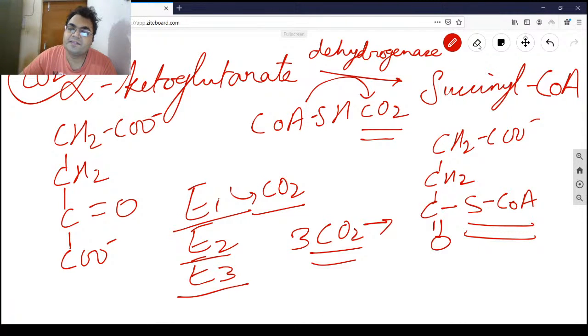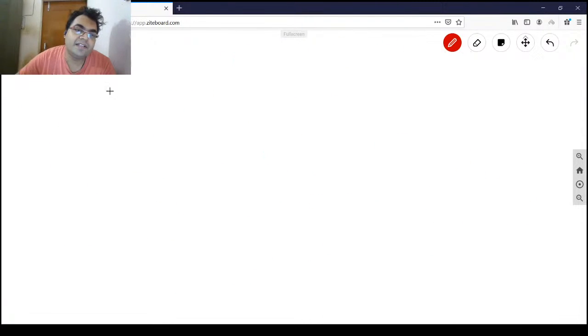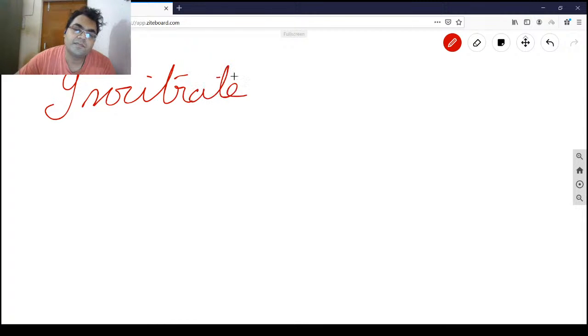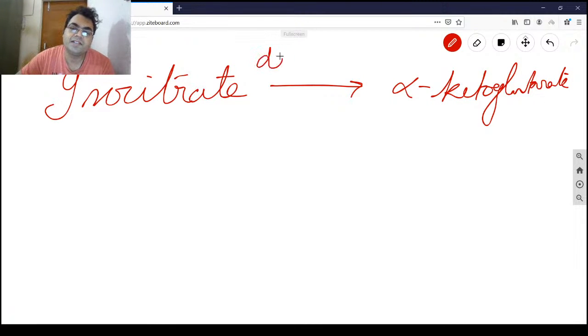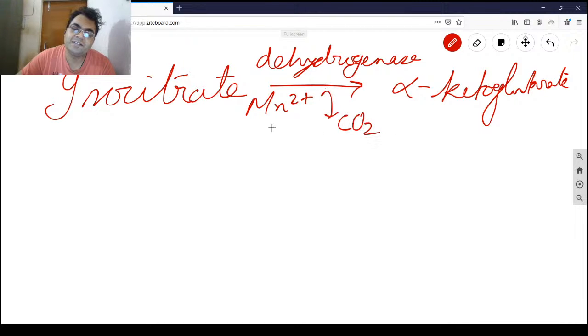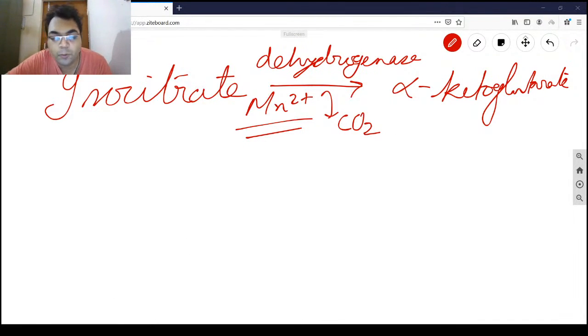So when this isocitrate is converted to alpha ketoglutarate, this manganese is very essential, this Mn2 plus, because it's the cofactor.